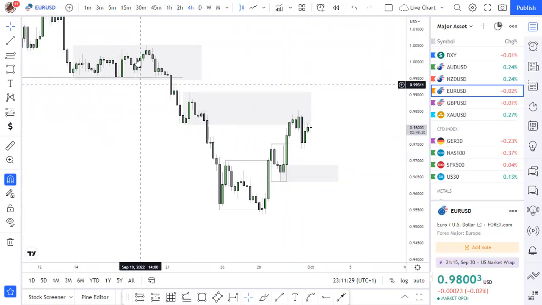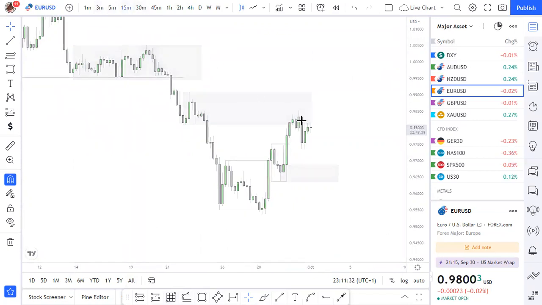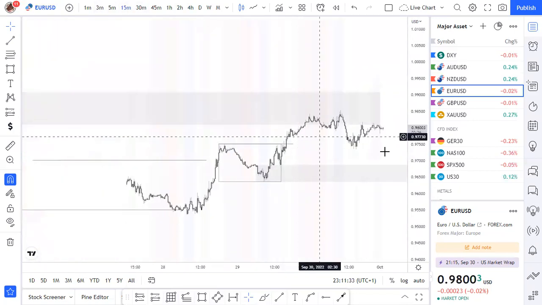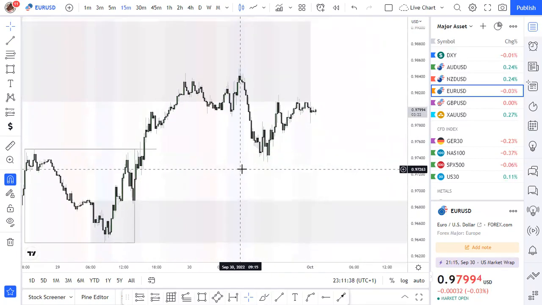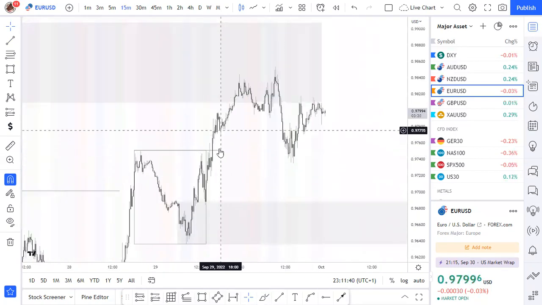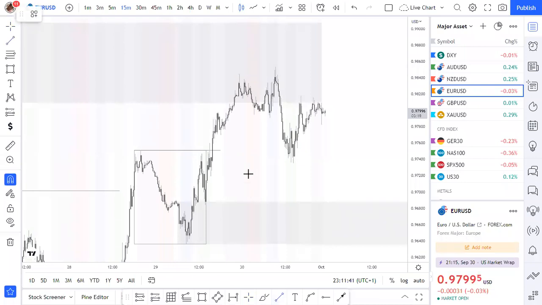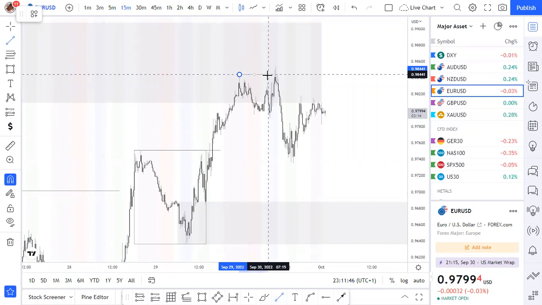So going over to the 15-minute time frame. Here on the 15-minute time frame, we have bearish structure. Just as we had bullish market structure on the DXY, we first had this sweep of liquidity here.